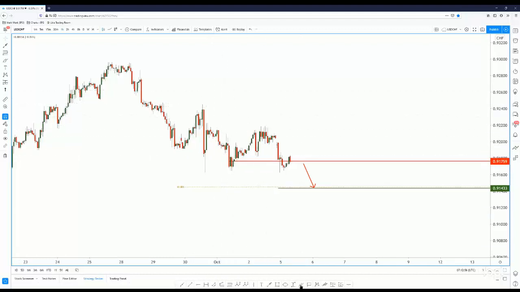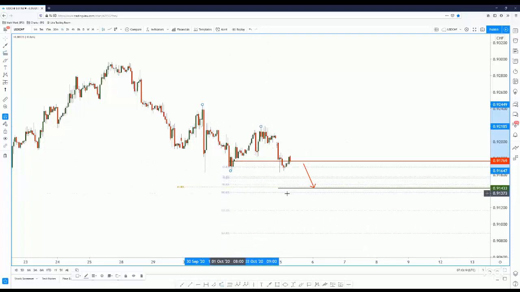We can follow price action and do a zigzag and project downwards. That's one way. The second way is you can take a retracement from the swing high all the way to the low, and look for the entry and the stop loss. So let's use the Fibonacci extension first. We see that our take profit is actually quite close to the 100% level.